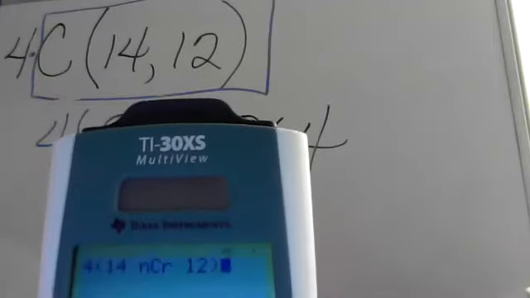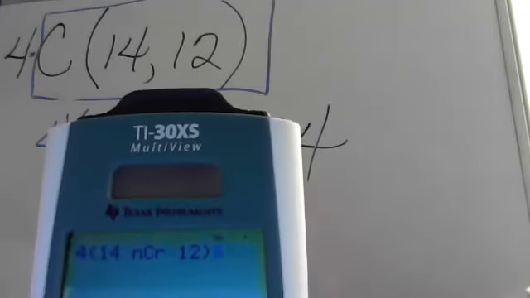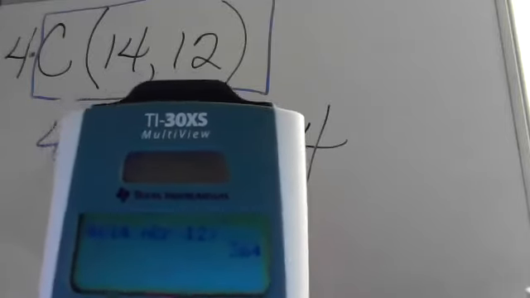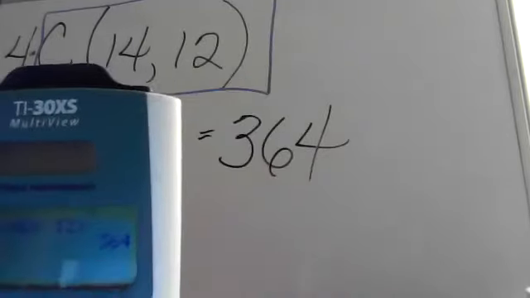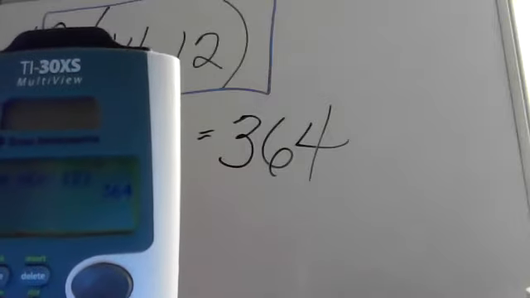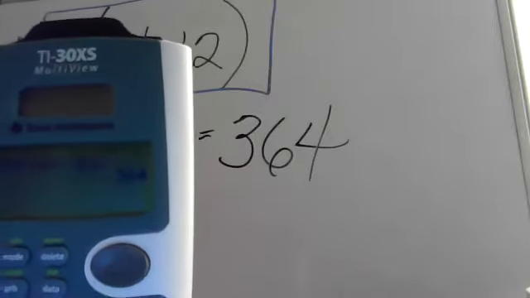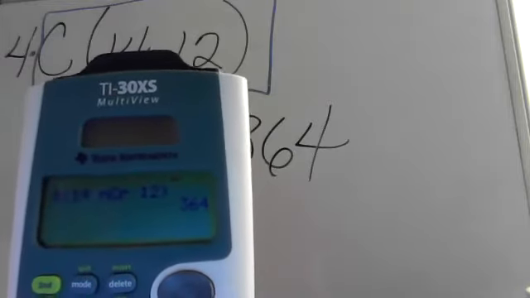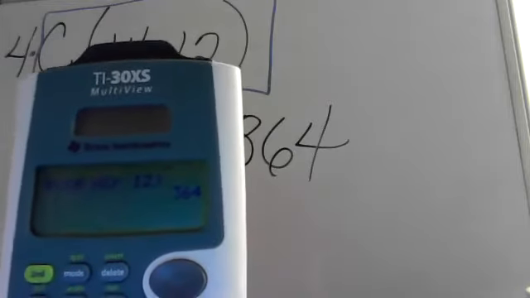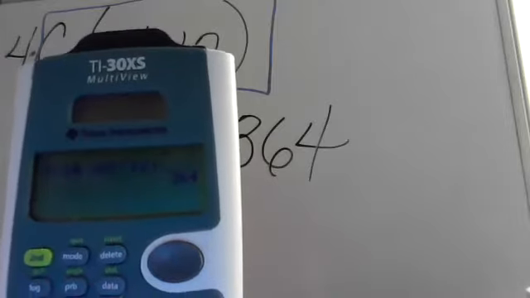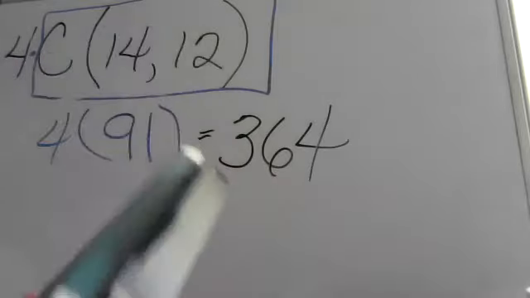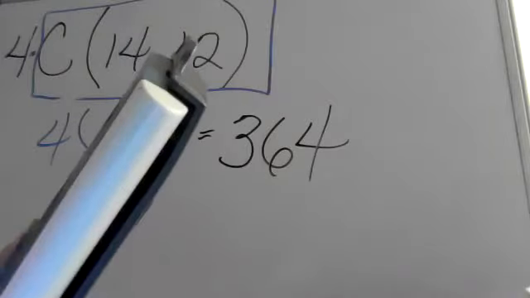You'll see what it looks like. And then when we press enter, hopefully we'll get the same answer. 364. So I know a lot of you love this calculator, and I can't imagine this problem being one of those first ones on your GED test where you can't use a calculator. If you see one of these problems, you're going to be able to use your calculator.